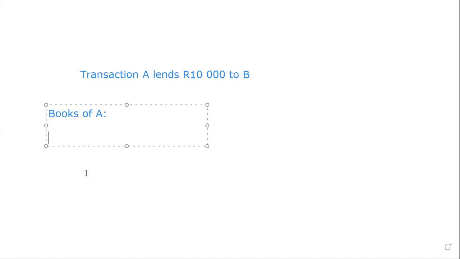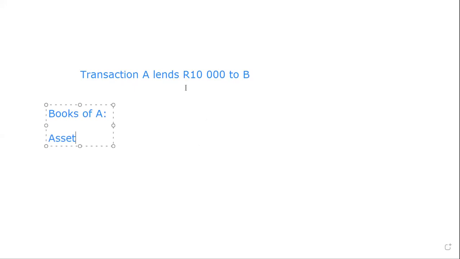It means that in future, they are going to receive money. They've given money now, and they're going to receive money back in future. So from the books of A, from their point of view, they will see this transaction as being an asset.